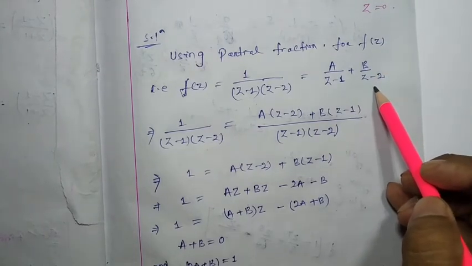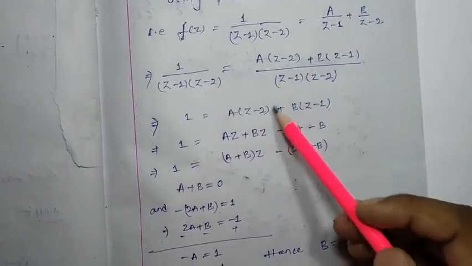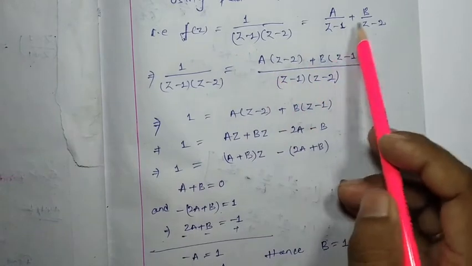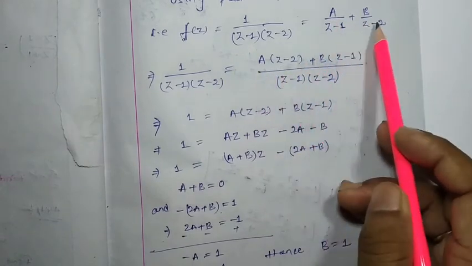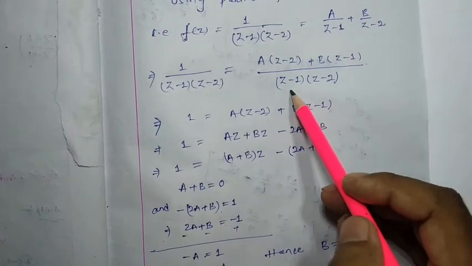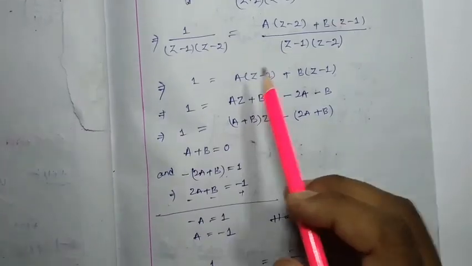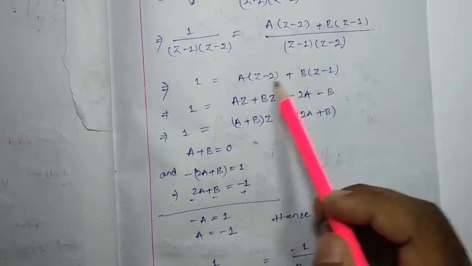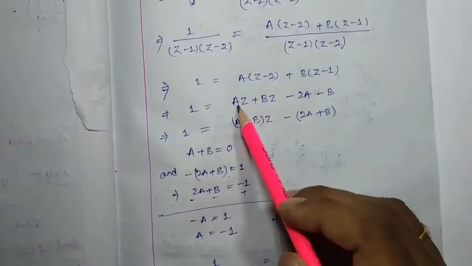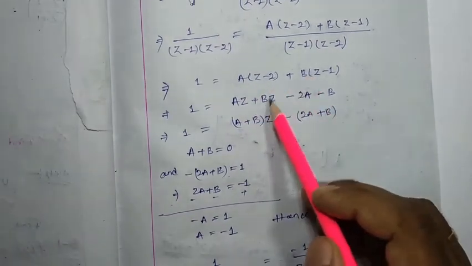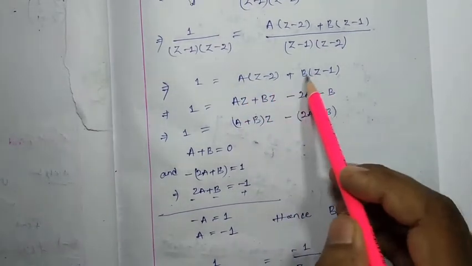Adding, it will be a(z minus 2) plus b(z minus 1) divided by (z minus 1)(z minus 2). The numerator on the left is only 1, so we multiply it out: az plus bz, minus 2a, minus b.